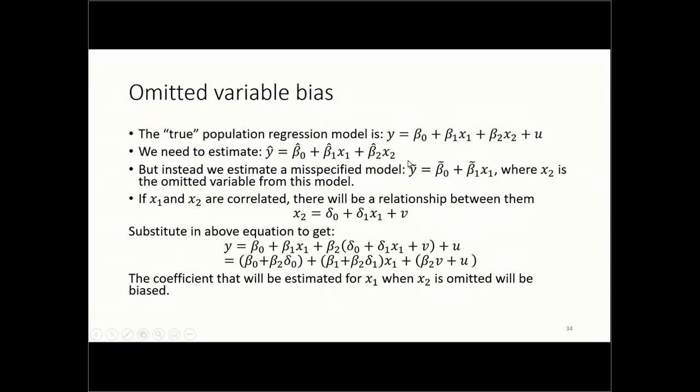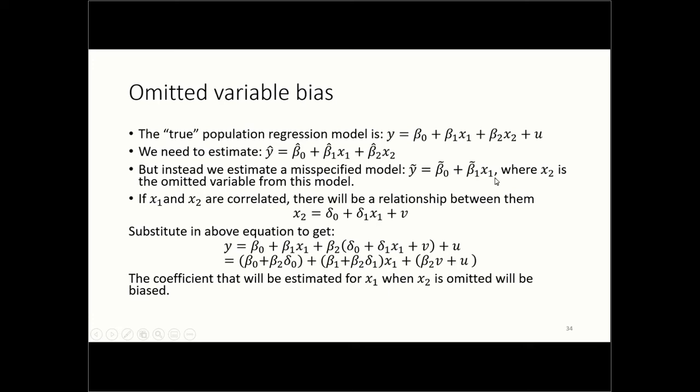However, suppose that we estimate a misspecified model, that is y tilde equals beta 0 tilde plus beta 1 tilde times x1, where x2 is the omitted variable from the model. As you notice, I do not have x2 in this model. That is why this model is misspecified, because it's not like the correctly specified model here that includes x2 in it.